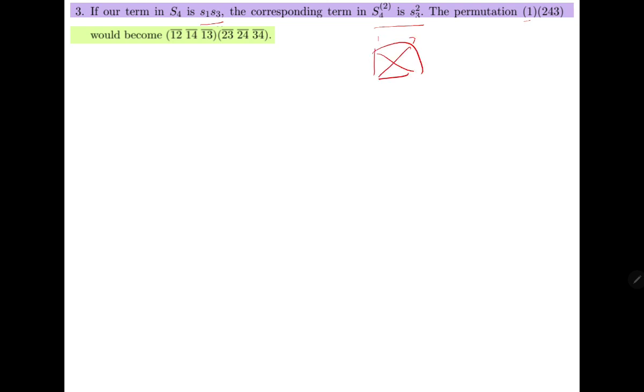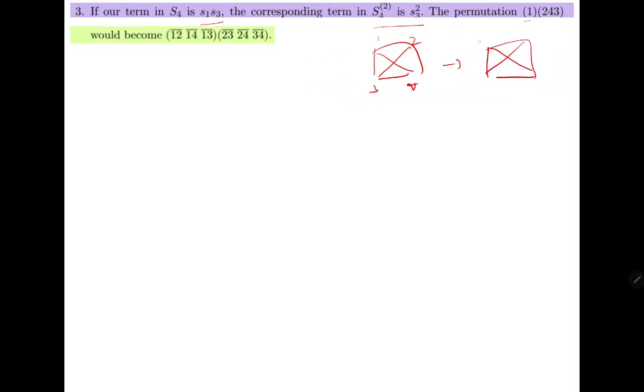For example, this is 1 2 3 4, and you change 2 to 4, sorry, so 1 remains as it is, and 2 reaches 4, 4 reaches 3, and 3 reaches 2, and you can see how it behaves.